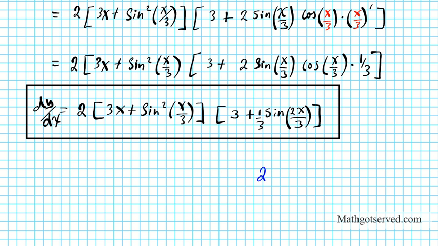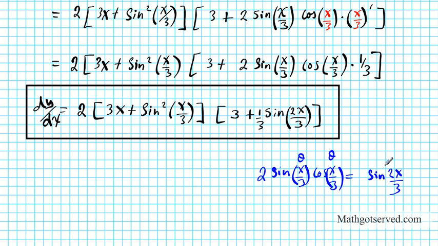I said 2 sine x over 3 cosine x over 3 equals sine 2x over 3. Why? Because this is like 2 sine theta cosine theta, right? So assume this is theta.